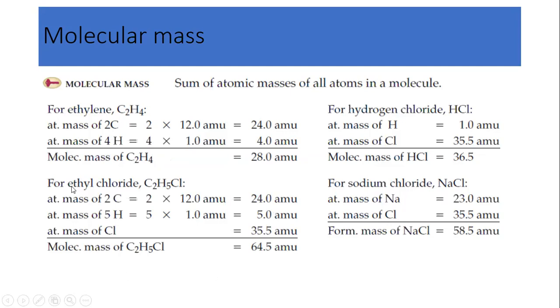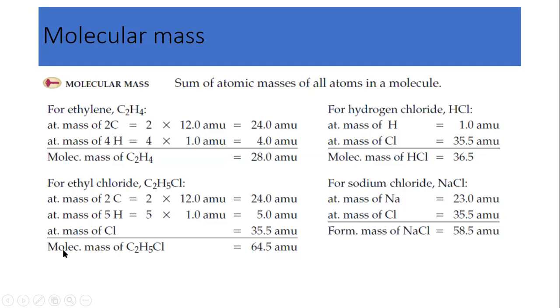In a similar way, you can calculate C2H5Cl. Here, there are 2 carbon, 5 hydrogen, and 1 chlorine. Again, the mass of 1 carbon is 12, and for 2 you have to multiply by 2, it will be 24. Mass of 5 hydrogen, 5 into 1, is 5, and 1 chlorine atom has the mass of 35.5. You sum up and it will give you the value of 64.5 atomic mass unit.